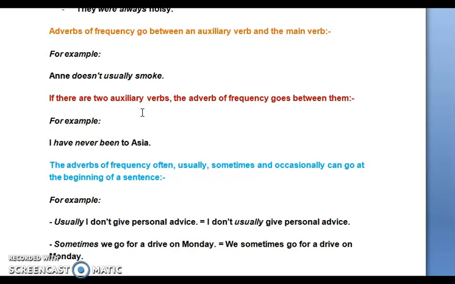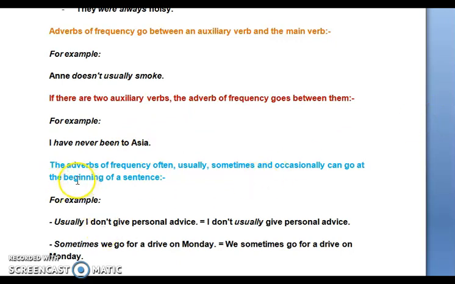You will be taking a type of tenses that will be in need of two auxiliary verbs. فإذا كان عنا تنس بيحتاج لفعلين مساعدين، فالadverb of frequency رح تكون ما بينهم. For example, I have never been to Asia. Have first auxiliary verb, then second auxiliary verb, and we have never. إذن I have never been to Asia. أنا عمري ما رحت أو ما كنت بقارة آسيا. Okay?